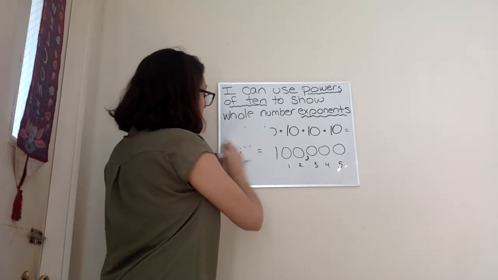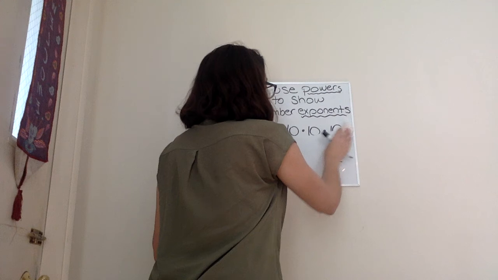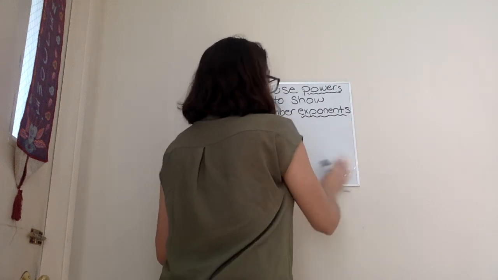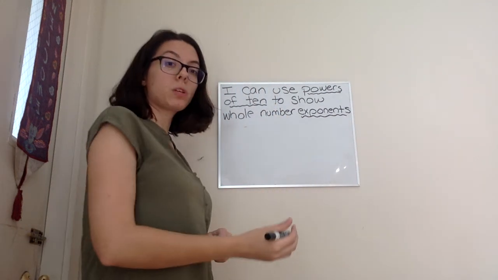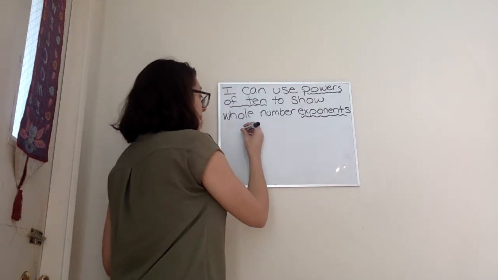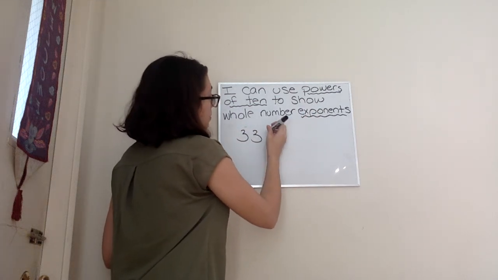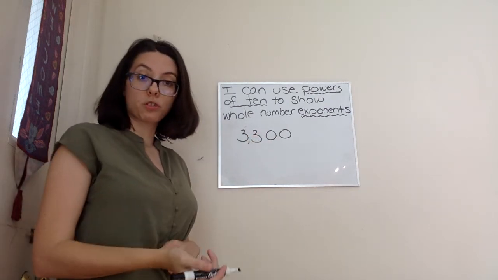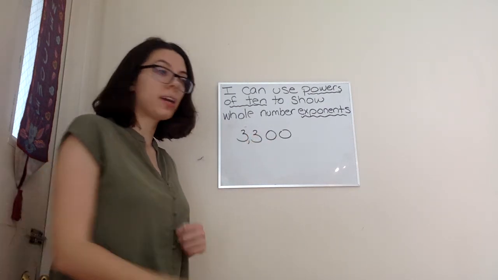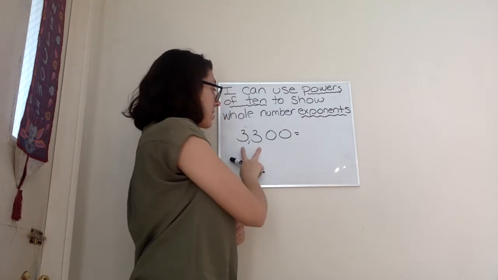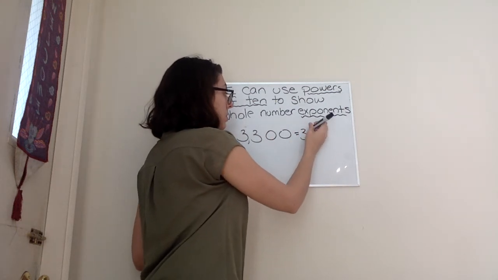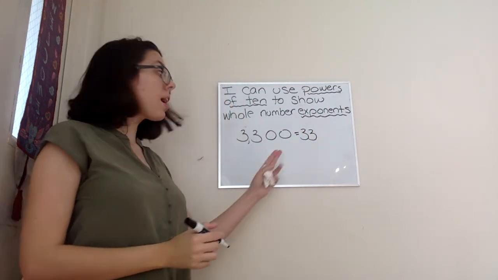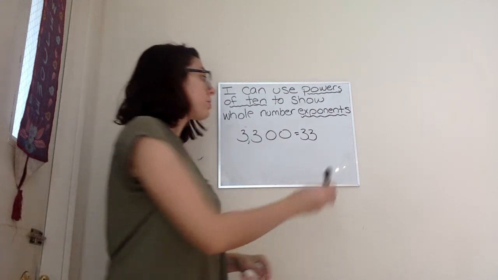And this will be in another video, but I just want to introduce it. If I had 3,300 and I wanted to show it in another way, I could show it as 33 times 100.